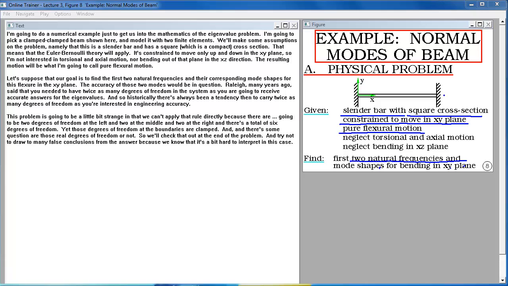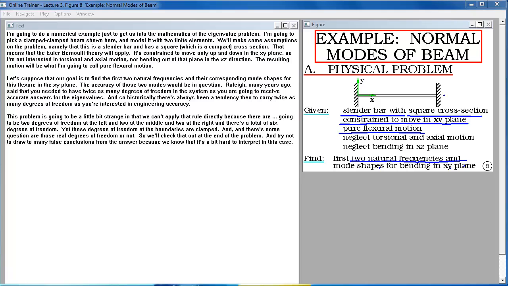Rayleigh many years ago said that you needed to have twice as many degrees of freedom in the system as you are going to receive accurate answers for the eigenvalues. And so historically there's always been a tendency then to carry twice as many degrees of freedom as you're interested in for engineering accuracy.